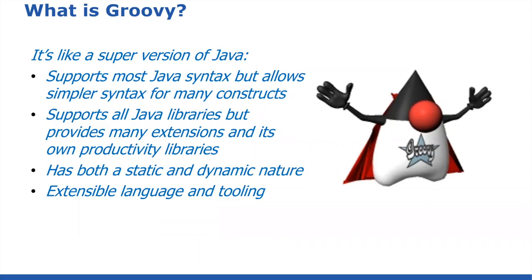In other cases, will have some extra dynamic capabilities woven into the bytecode. So Groovy has both a static and a dynamic nature. The static nature is to align itself with Java. So there's many times when you want to have the strong compile time type checking that Java will give you, and Groovy will let you do that.